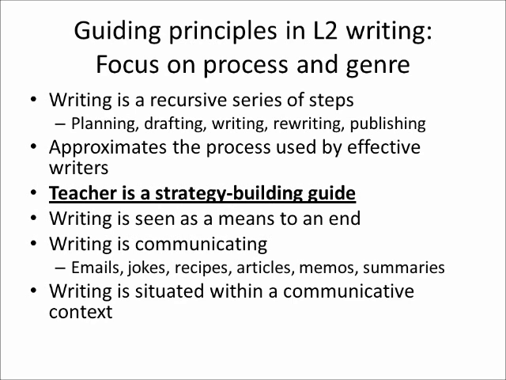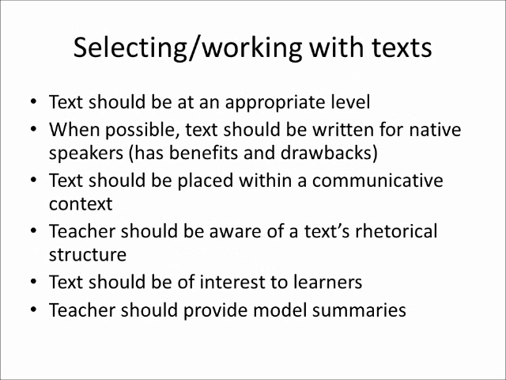All right. So, when it comes to selecting text and working with text for summarizing, basically what we're doing with a summary writing lesson is we're first helping students develop their reading skills. And then we're going to take what they learn from the reading and help them to develop their writing skills by summarizing the text.